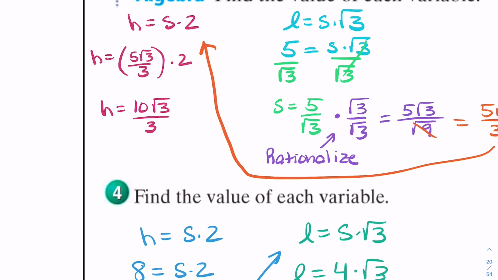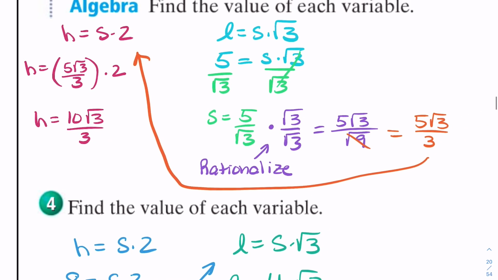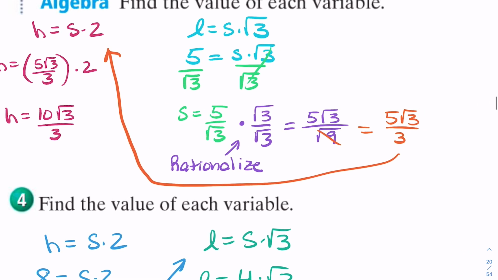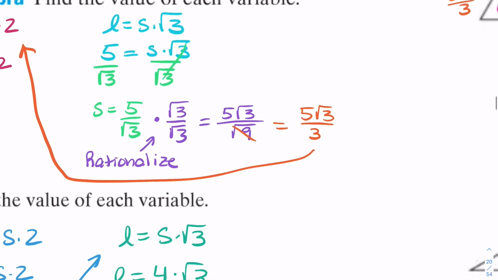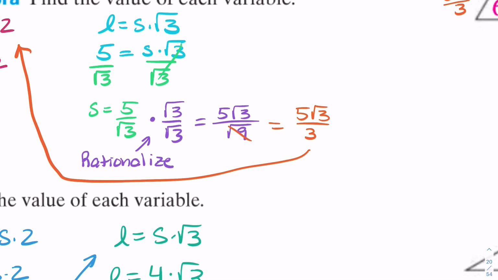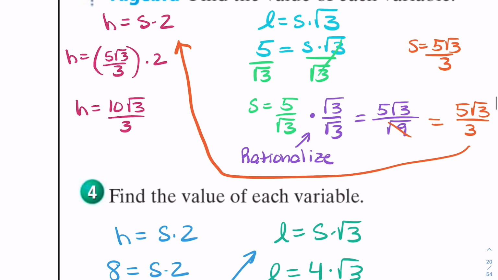If you multiply both by 2, you get 10 square roots of 3 over 6, and you would then simplify it back down to 5 square roots of 3 over 3. Only multiply the numerator. So your short leg is equal to 5 square root of 3 over 3, and you have your hypotenuse.